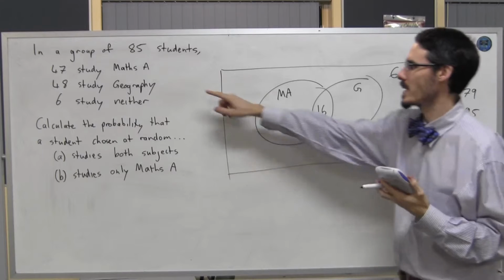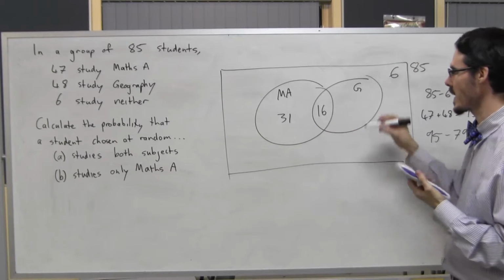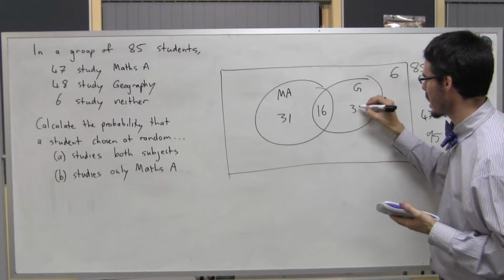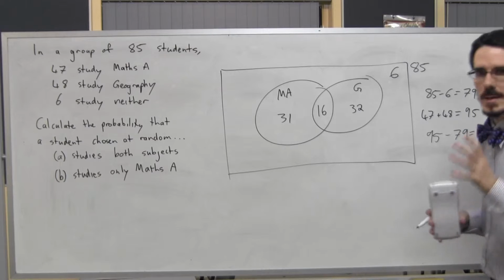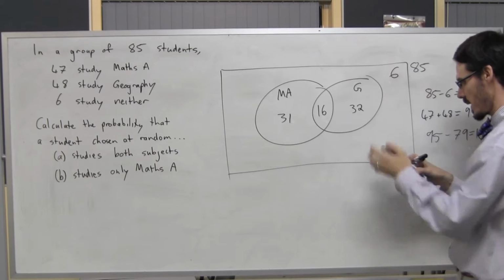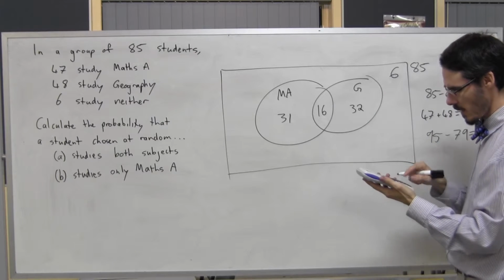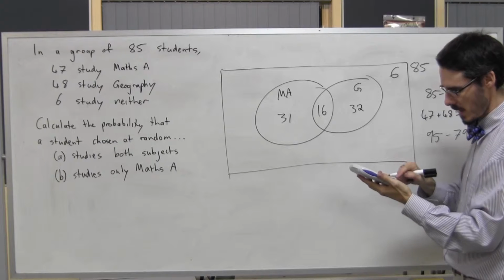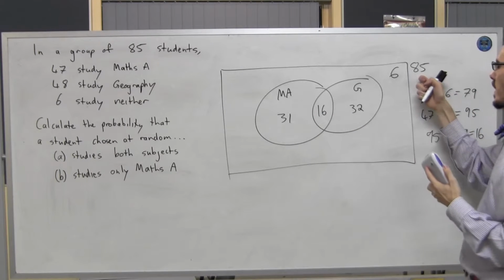And if there's 48 doing Geography, but 16 of those also do Maths A, there must be 32 left doing Geography. Double check. Out of 85 students, I've got 6 doing neither, 32 doing only Geography, 16 doing both, and 31 doing only Maths A, for a total of 85.